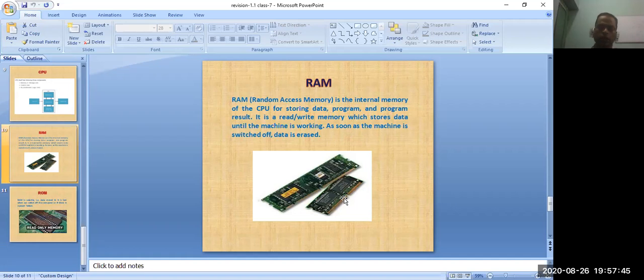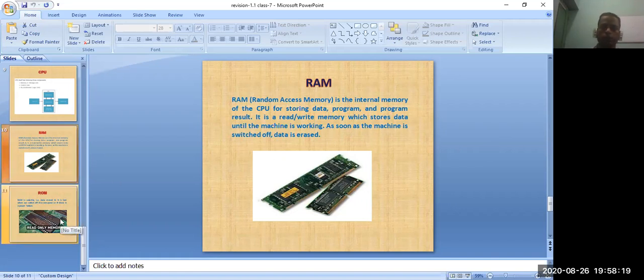So it is recommended to use a UPS, uninterrupted power supply, so that you have a backup and you will not lose your data.